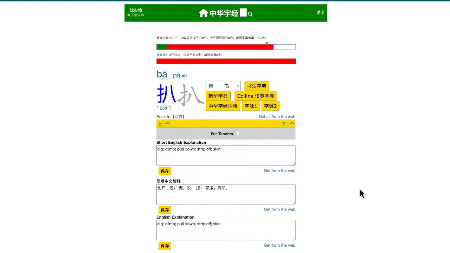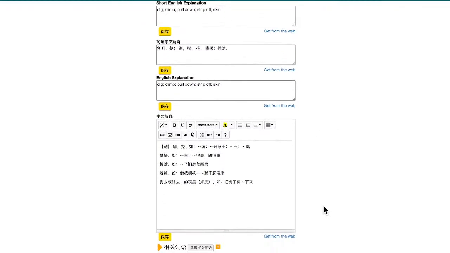So basically, it has two meanings. One is like dig, strip off skin, pull it down, so you're getting the surface of something off. But it also means climb.